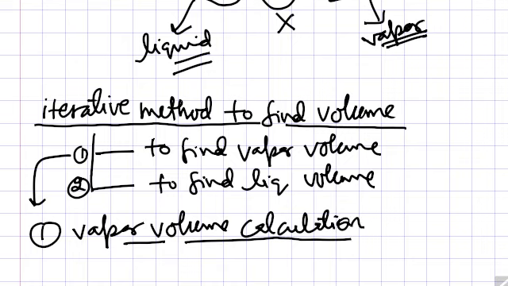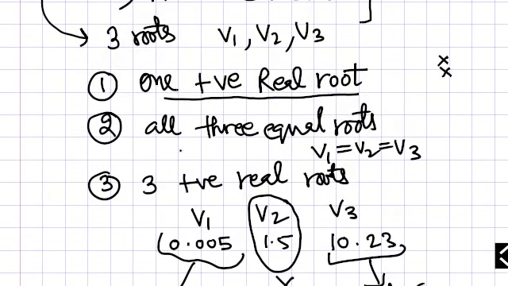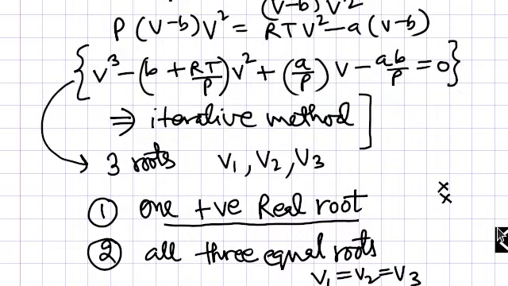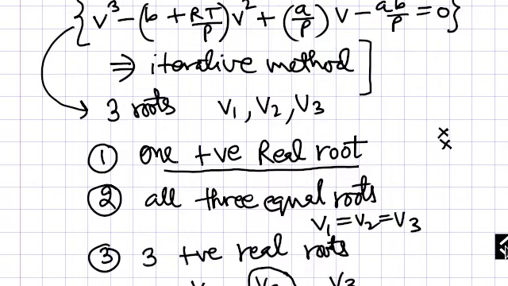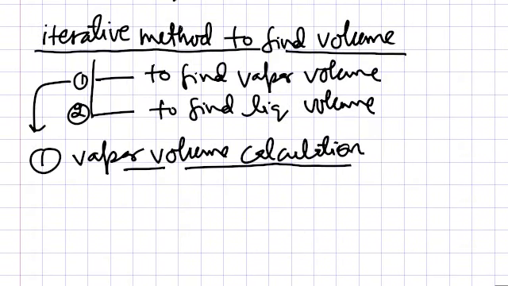It should be clear to you that if you solve this equation by an analytical method, like just by factorization or whatever, you will get 3 roots, as I discussed here. But if you use the iterative method, then you will not get 3 roots; you will apply that iterative method for vapor and liquid.